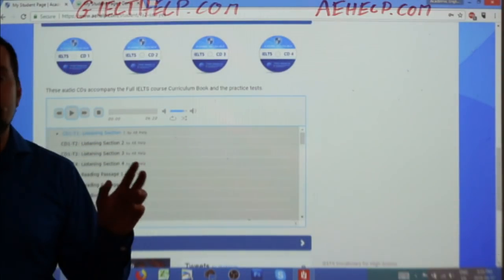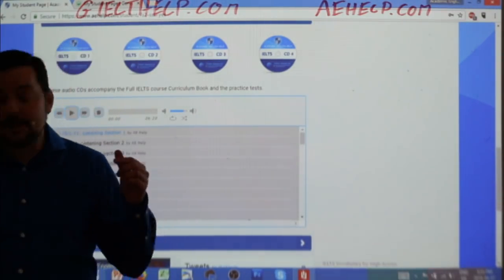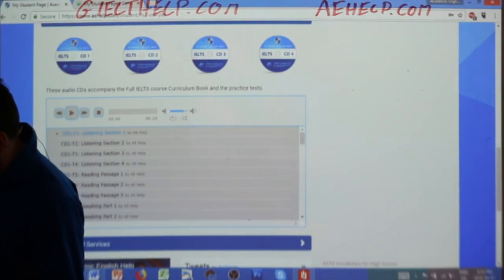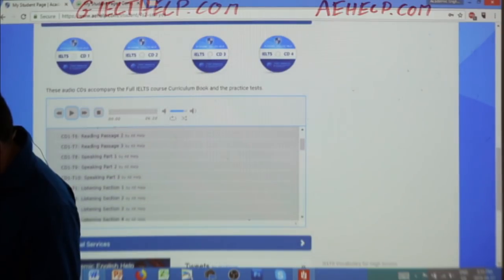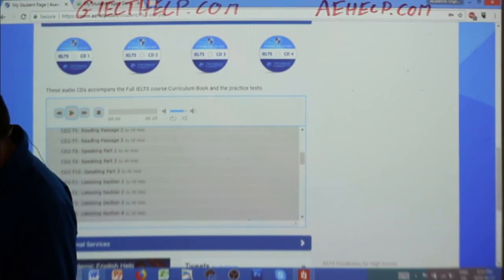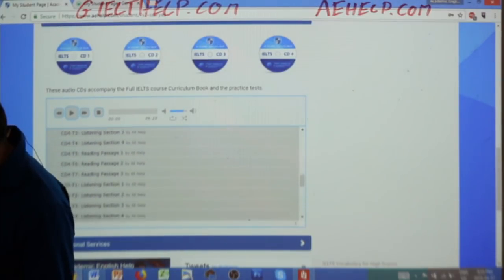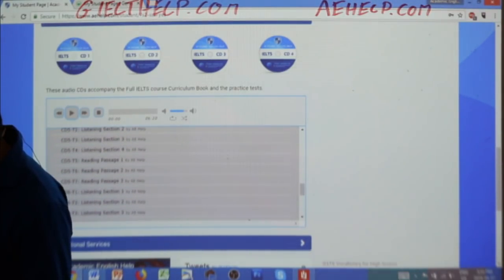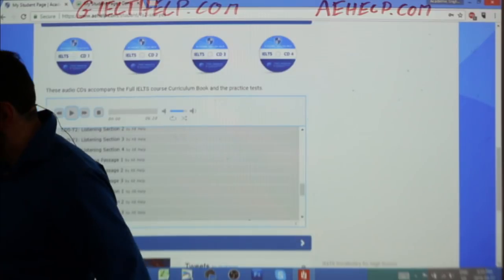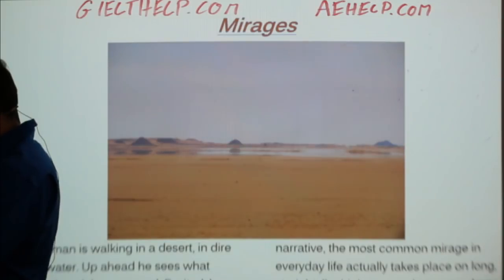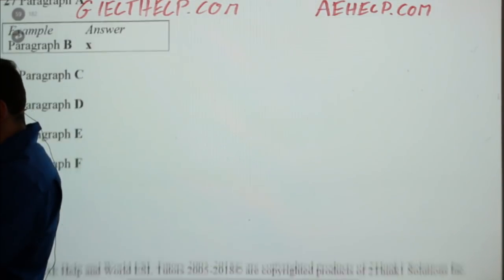So you're looking at test book number 2, and this will be reading passage 3 from book 2, which means that you need to find CD number 5, I believe is the right one here. It should be. And reading passage 3, so it will be CD 5, track 7, but I believe that we have that on the page as well.